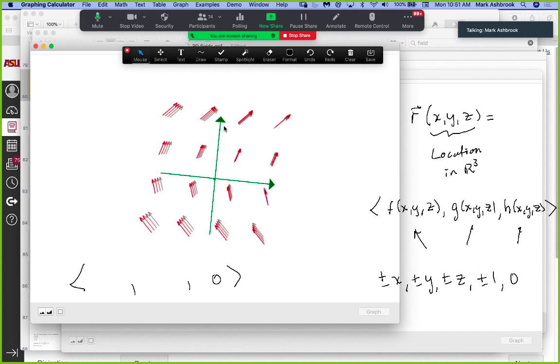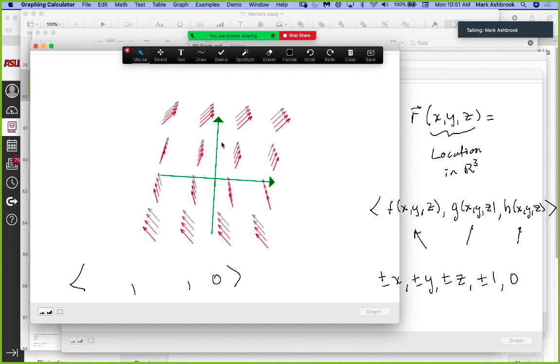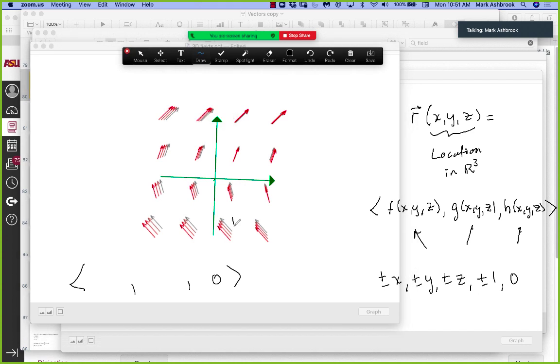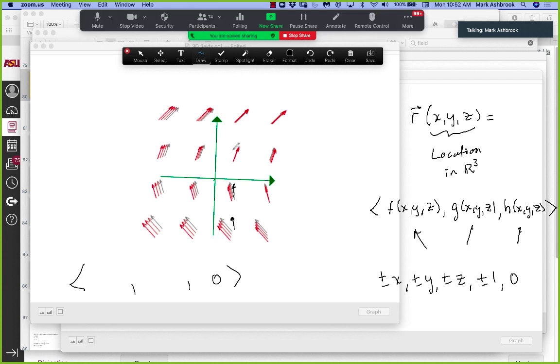Now I'm looking straight down on the xy plane to figure out what the x and y components are. Someone said y is always positive. Let's look at the y components. So it's always positive, and is it changing? Are those y components staying the same or varying?